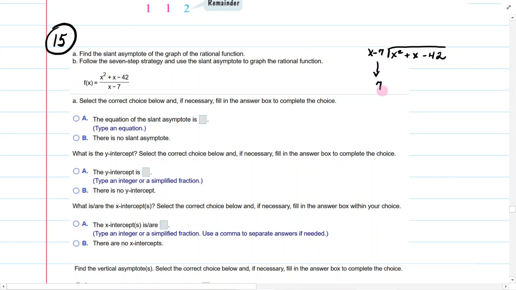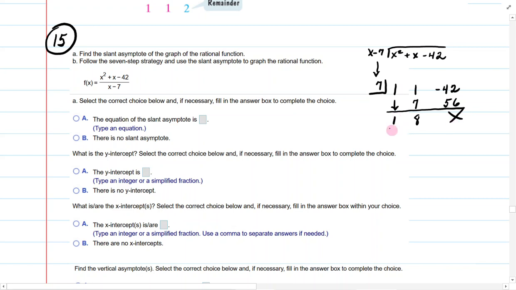Synthetically, the divisor is 7. The dividend coefficients are 1, 1, negative 42. Bring down the 1. 1 times 7 is 7. Add for 8. 8 times 7 is 56. I don't care what the remainder is. I'm going to throw the remainder away.